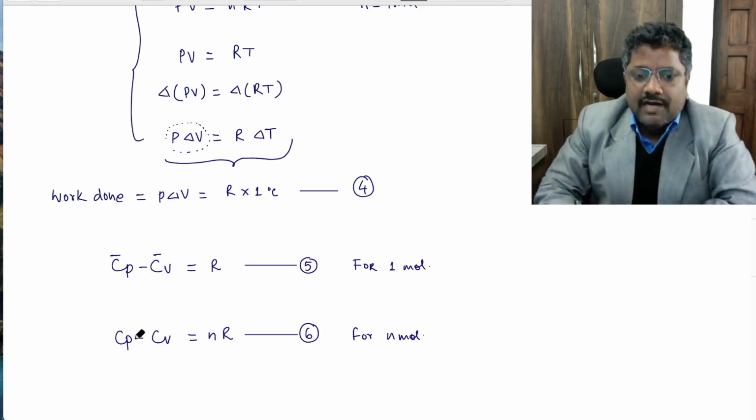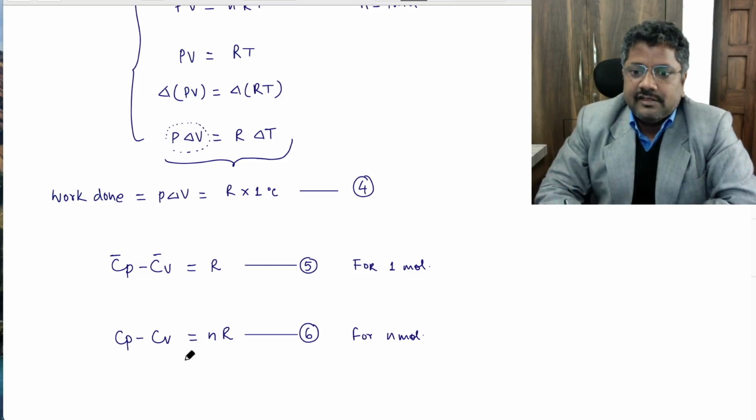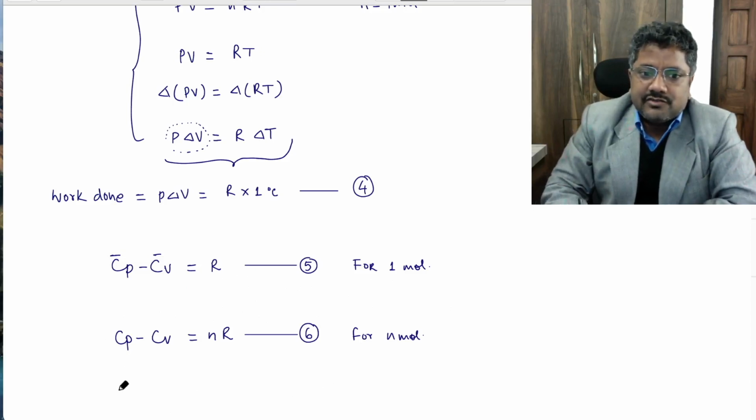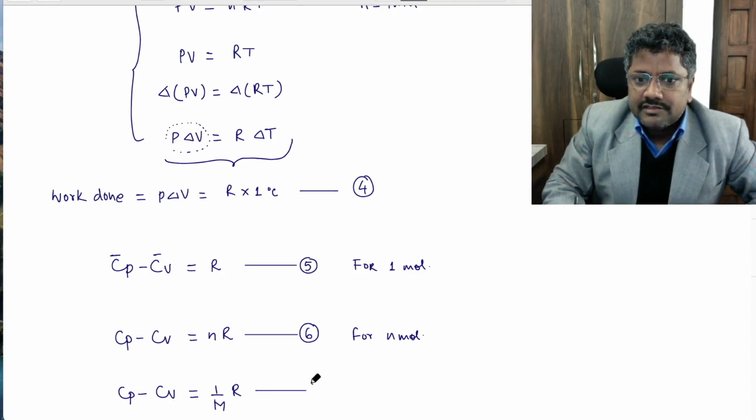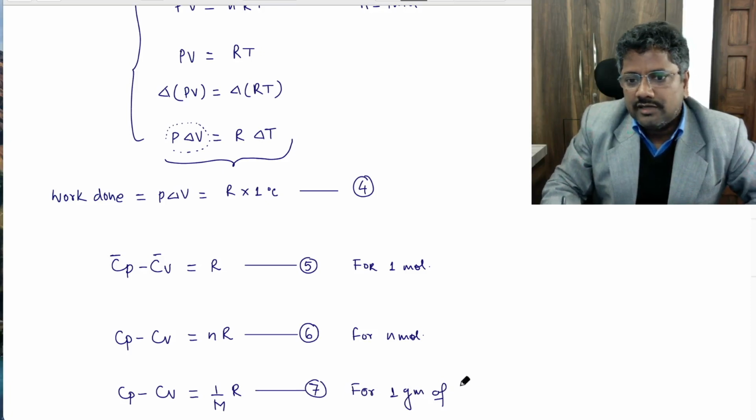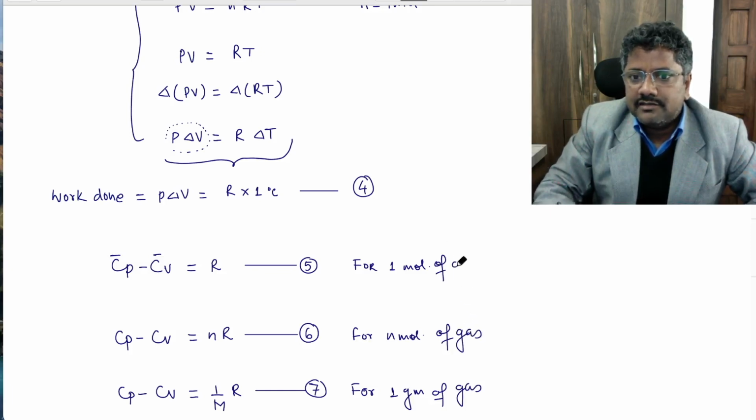So the unit of Cp and Cv will change. What is the relation? Cp minus Cv is equal to R by, or we can write 1 by the molar mass of the gas, into R. So this is for 1 gram of gas, and the earlier one is for 1 mole of gas.